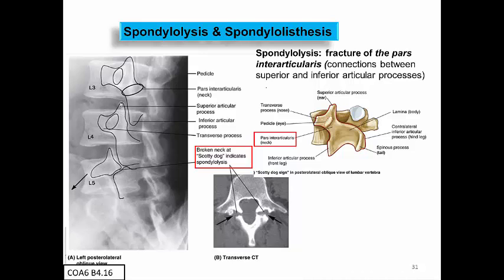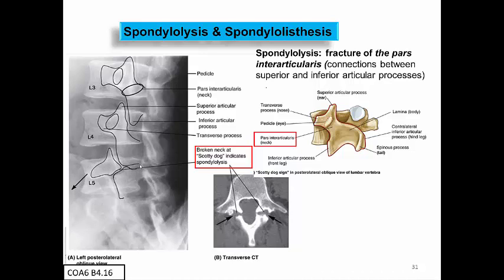Here's the head, here's an ear, and in this case Scotty dog has a broken neck, and that indicates spondylolysis. And here is a diagram of the pars interarticularis, which would then be broken. If you have this defect in a bilateral manner, so if you break both of these here, it is called spondylolisthesis.